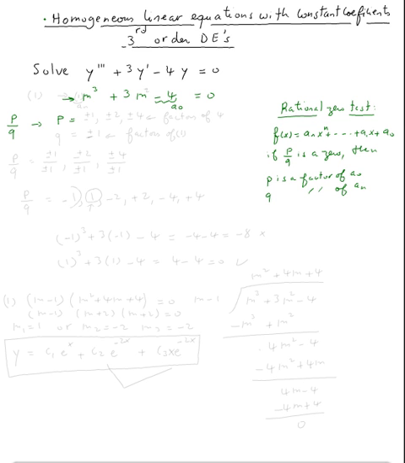So p is going to be a multiple of a_0, which is plus or minus 1, or plus or minus 2, or plus or minus 4. Same thing for q. The q will be a multiple of a_n. a_n is equal to 1. So q can only be plus or minus 1. Those are the multiples of 1.